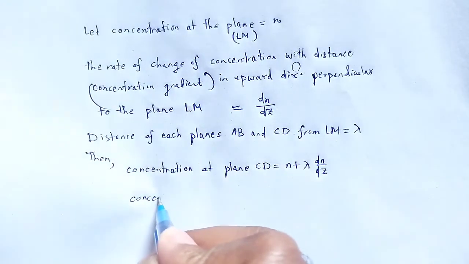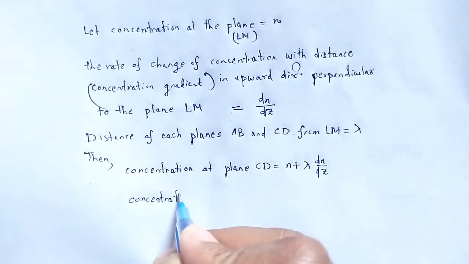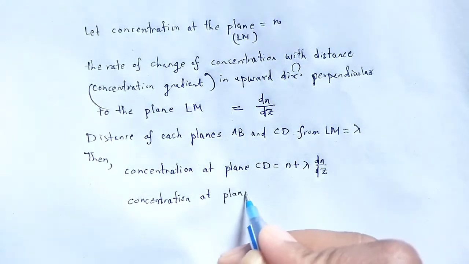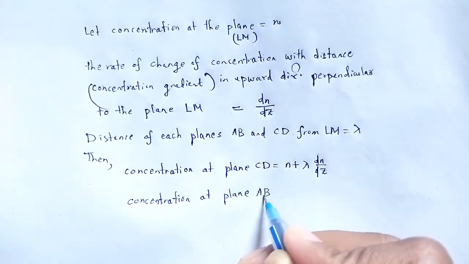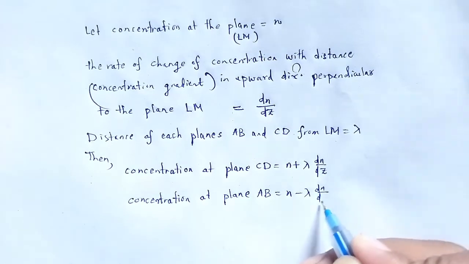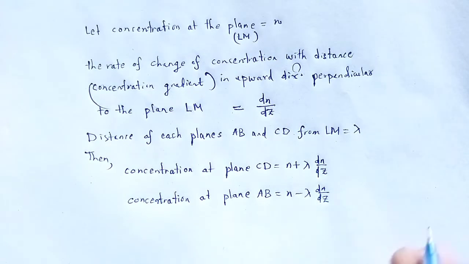Concentration at plane AB, that is N minus lambda times dN by dz.